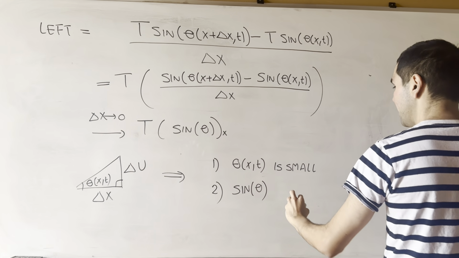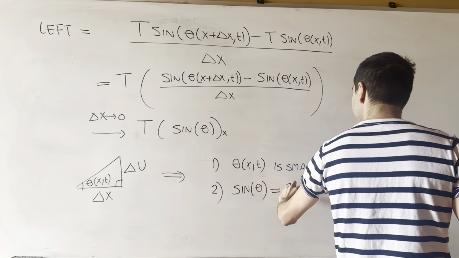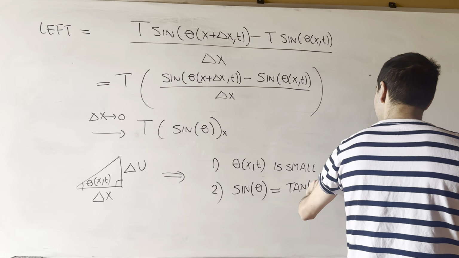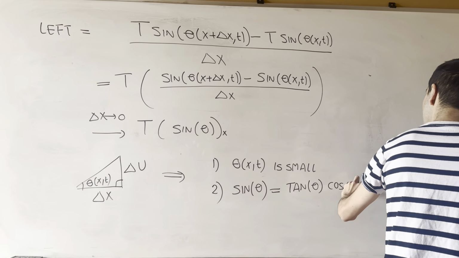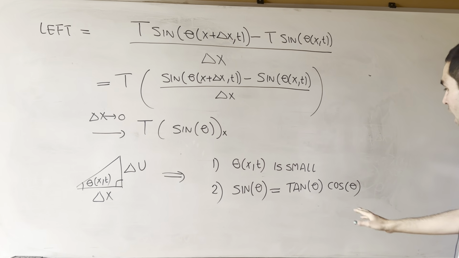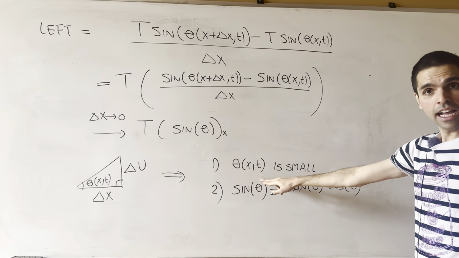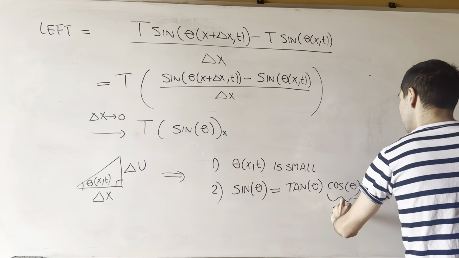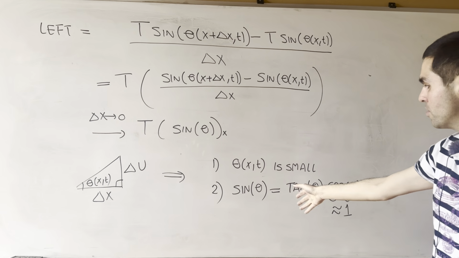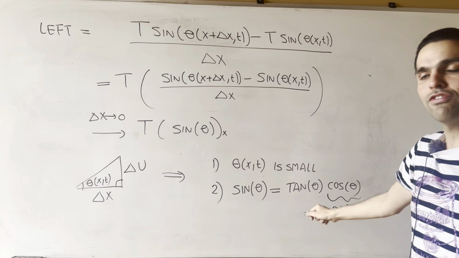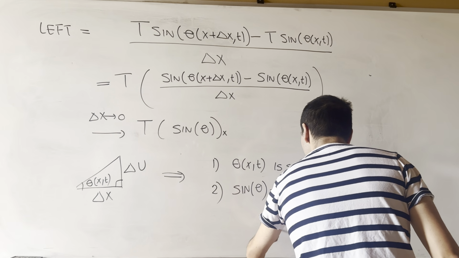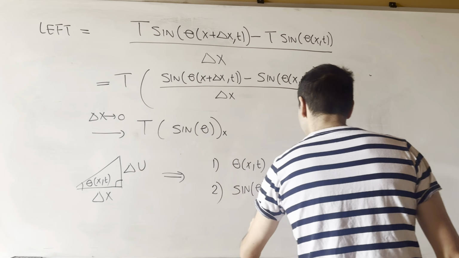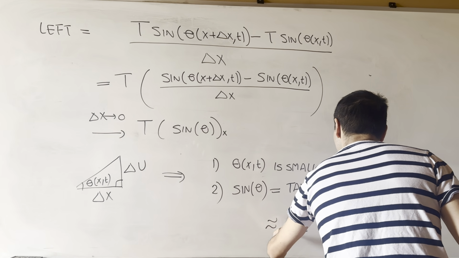remember by trig, sine is just tangent times cosine. However, if the angle is small, then cosine is roughly 1. So here sine of theta is roughly tangent of theta, but tangent of theta is delta u over delta x.